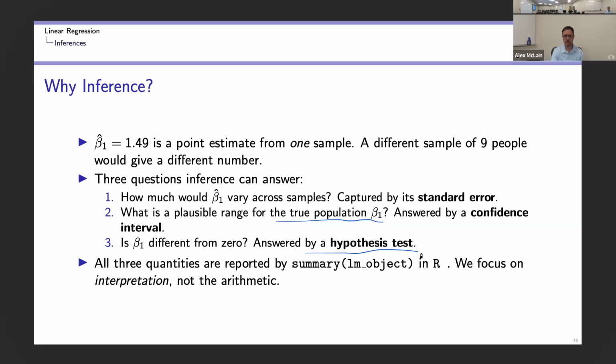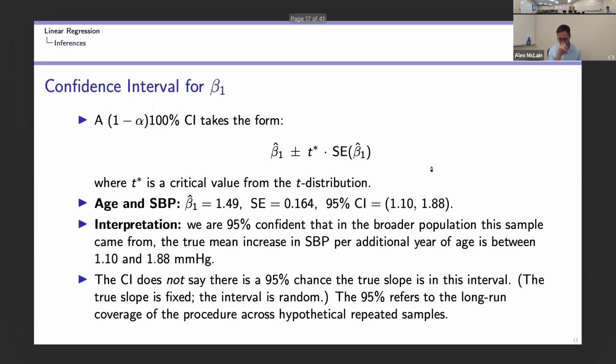We're going to test this using our hypothesis test. So we're going to create a test statistic that assumes beta 1 is equal to 0, and it's going to say, well, how weird was this value that we got? All of these quantities we're going to be able to get using the summary function in R, and we're not going to focus so much on the confidence intervals, but we're really just going to focus on the interpretation.